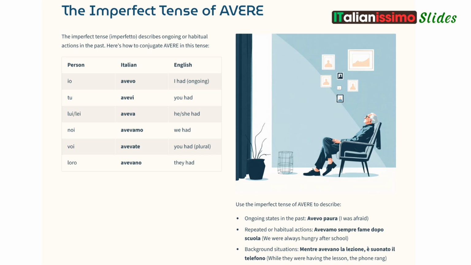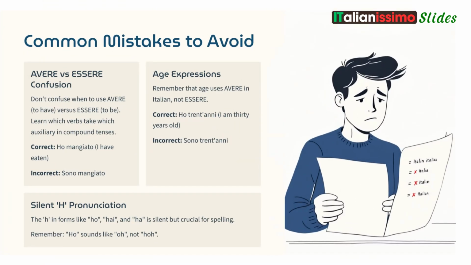Common mistakes to avoid. Avere versus essere confusion. Don't confuse when to use avere, to have, versus essere, to be. Learn which verbs take which auxiliary in compound tenses. Correct. Ho mangiato, I have eaten. Incorrect, sono mangiato.